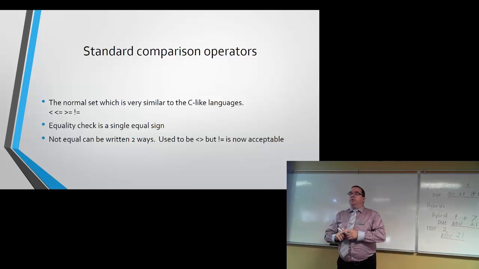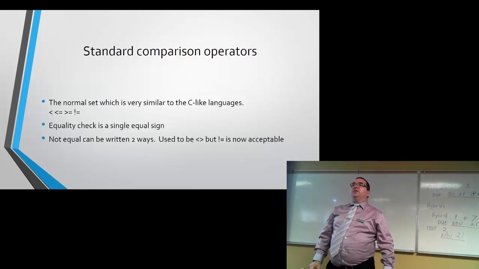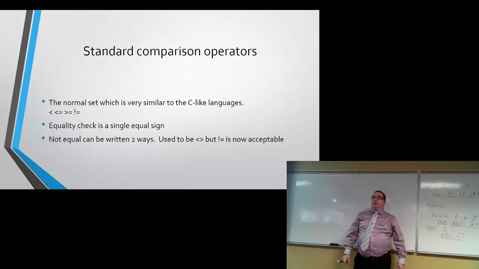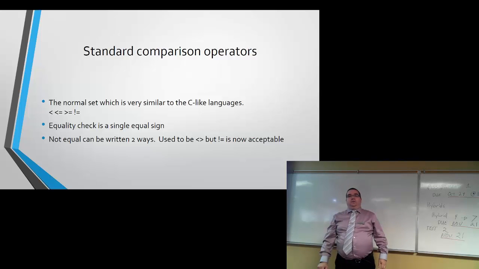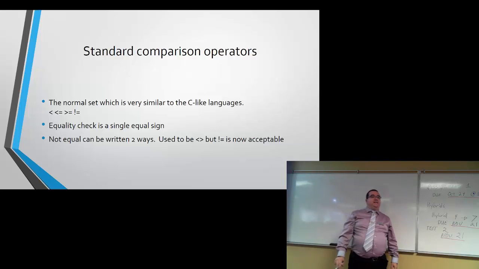Not equal was brought in fairly recently, like around 2009. Some of us that have been using it since before that tend to use the old syntax for not equals. It's called the diamond operator.